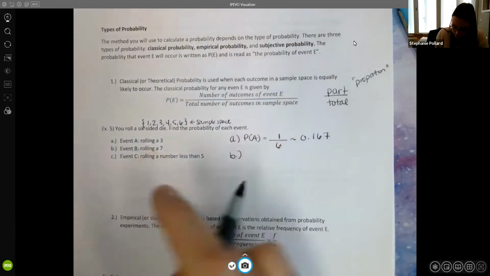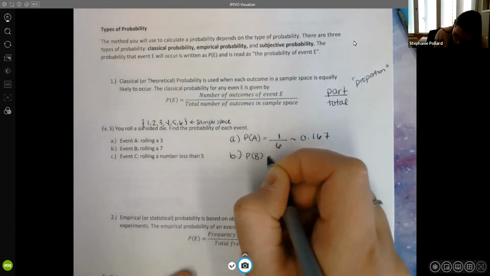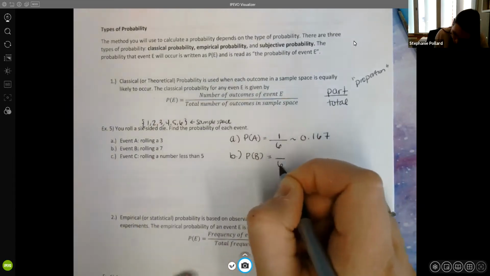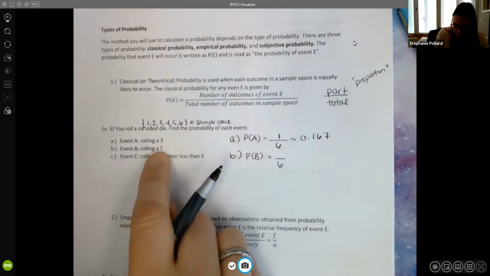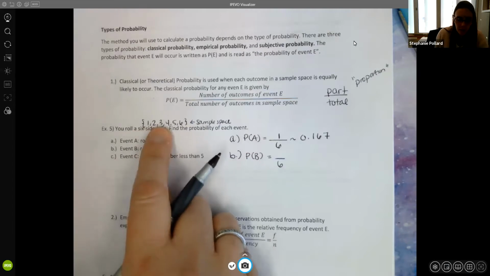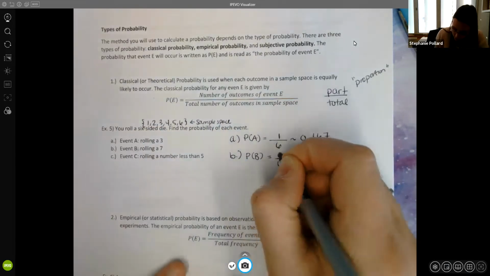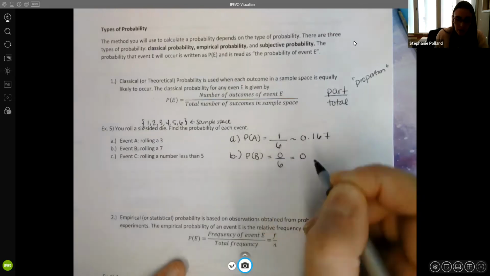What about rolling a 7? This is event B. Well, we know the sample space is 6. Is it possible to get a 7 on a 6-sided die? No, right? There's no 7 on there. So if we're just using one 6-sided die, there's no possibility of that happening. So your probability there is 0.